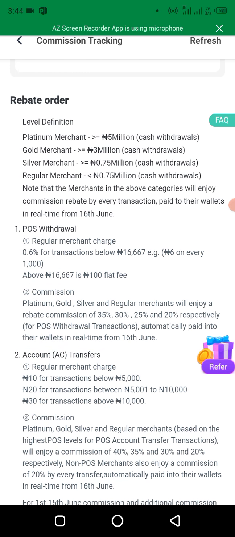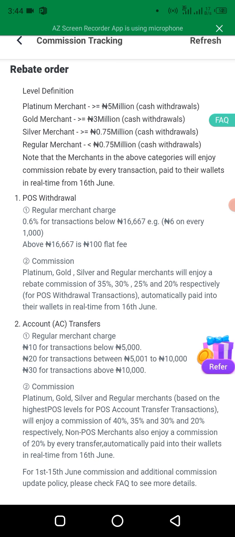If you do 16,700 naira, Opay will only charge you 100 naira. If you do 18,000, 20,000, 21,000, 25,000, 50,000, 100,000, Opay will charge you 100 naira. I hope that's clear for the POS charges.